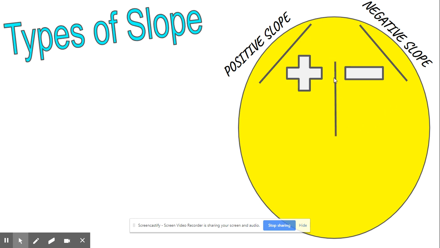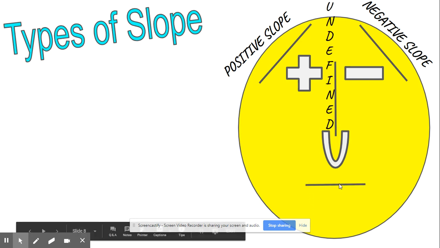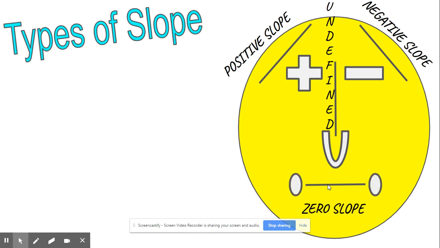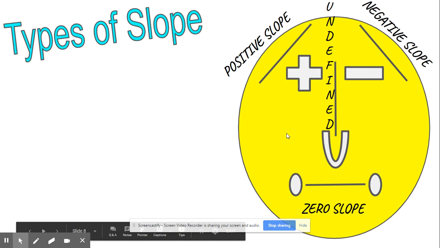A line that's straight up and down has a U under his nose. The U stands for an undefined slope. And then a line straight across, that's zeros. That's why those zeros are in the corner. I don't know if anyone's ever explained this to you, but that's why you have a U under the nose and the zeros in the corner.